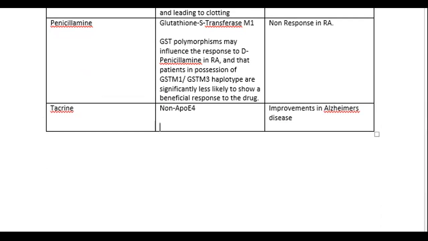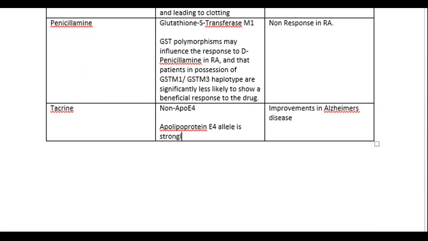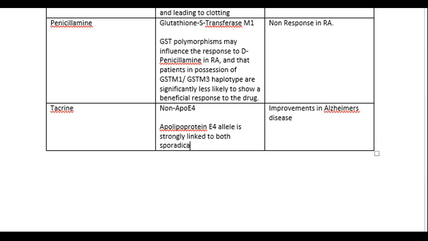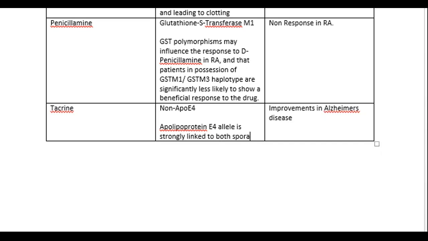This lipoprotein E4 allele is strongly linked to both sporadic and familial Alzheimer's disease. You can write it like it is a link to the Alzheimer's disease in simple.